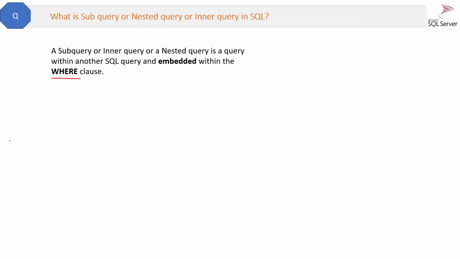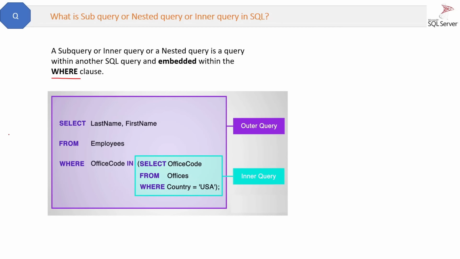Let's see the example. This is the outer query, and inside the where condition we have this inner query. It is that simple. So this is the inner query, subquery, or nested query, which is embedded inside the where condition.